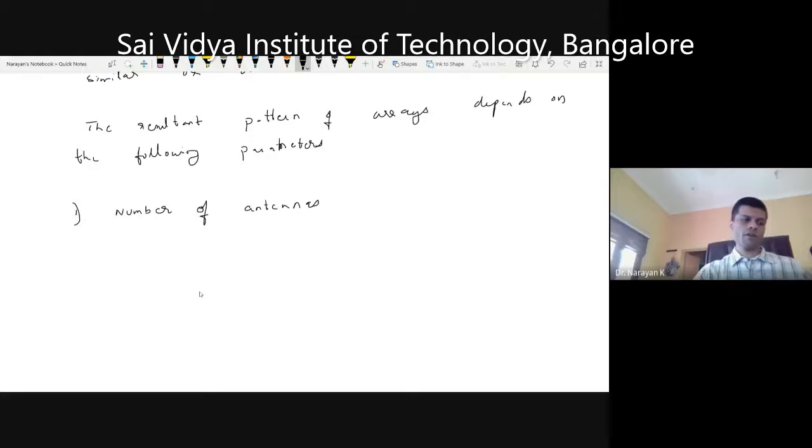So you have the number of antennas. Second one, the shape of the individual antenna in the array.